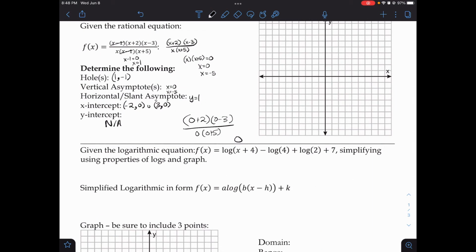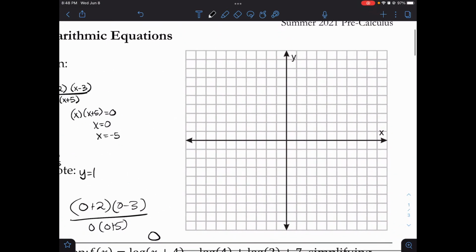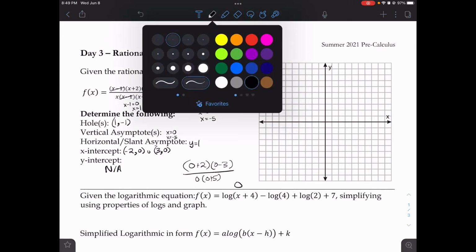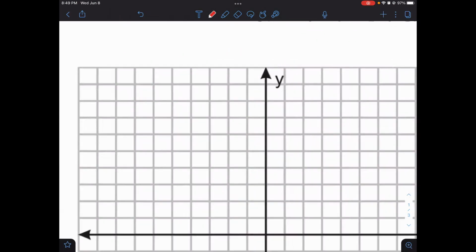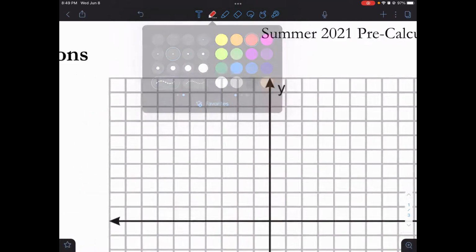Okay, now let's get graphing. So first, let me graph our asymptotes. Our asymptote lies on x is equal to 0, which is the y-axis. Let me do a different color and make it a little thicker so that it's easier to view, and then let me do a dotted line.